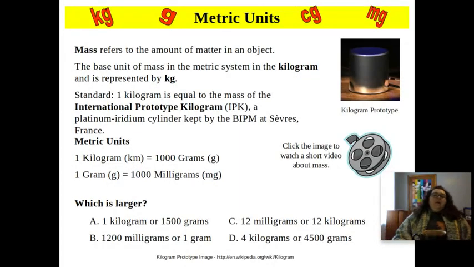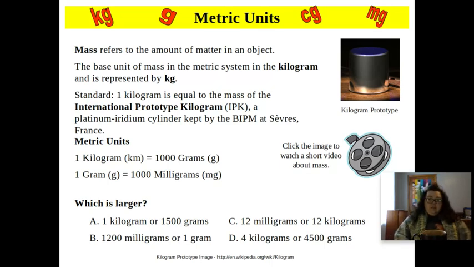So whenever we're talking about mass, this refers to the amount of matter in an object. So the base unit of mass for metric is going to be your kilogram. If you noticed earlier, our base units didn't have a prefix, but mass is a little bit different. So 1 kilogram is equal to the IPK, the International Prototype Kilogram.